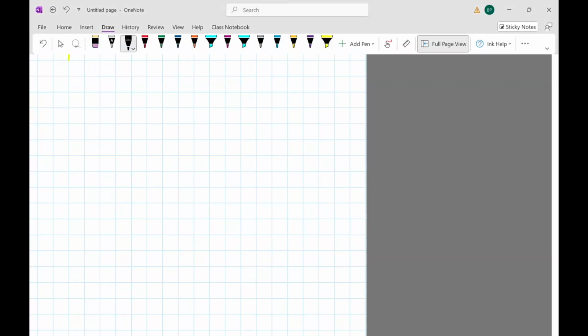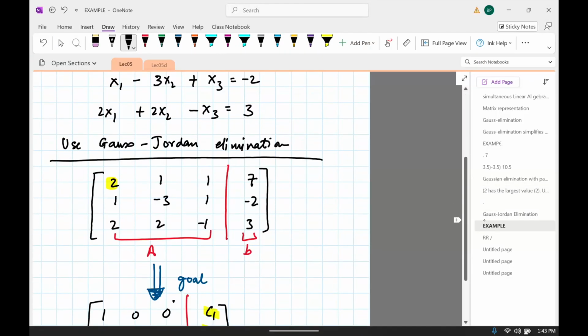So here it is. I like to write it this way, just a shorthand notation. So new row 1 is old row 1 divided by 2. So let's look at what it is going to be. It's going to be 2 divided by 2, which is 1. 1 divided by 2, 1 divided by 2, 7 by 2. The 2 came from here.